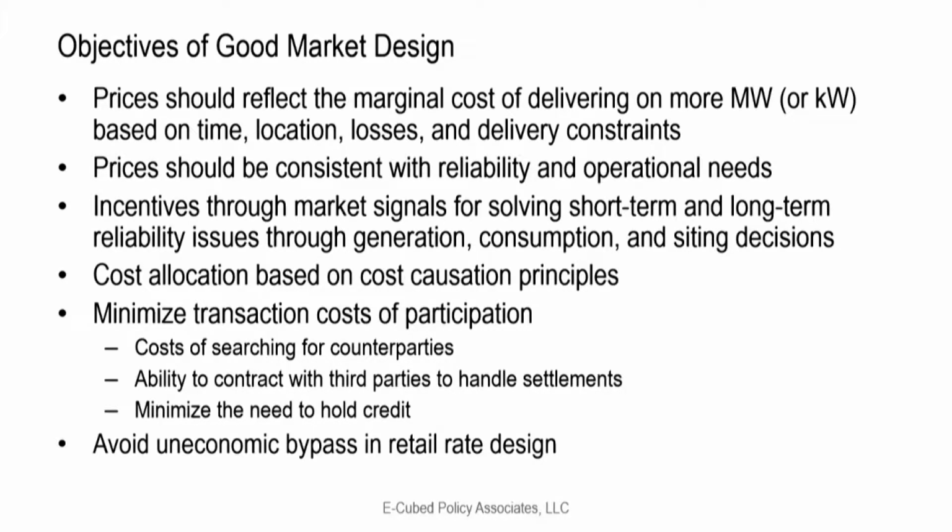Not to say that transmission is not consequential, it is. Without it, we don't have power markets. But the whole idea here is to get the prices right, get the cost causation principles right in terms of allocating those infrastructure costs so that they're actually consistent with what we're seeing with energy market signals in terms of location, time, and things of that nature.